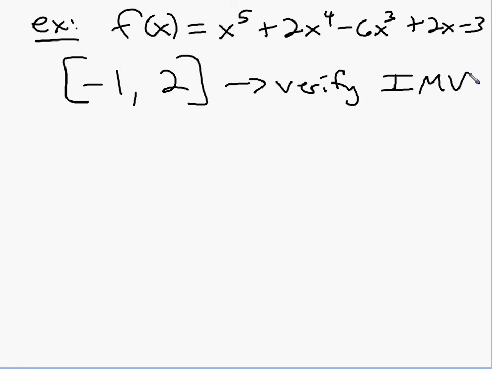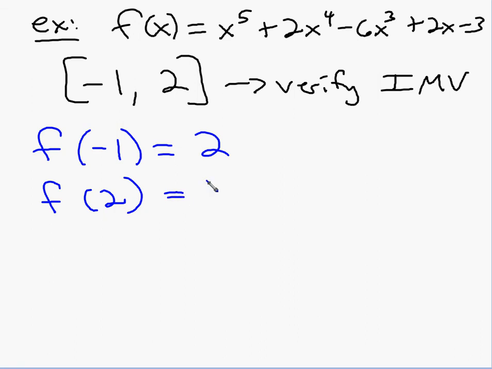Well, I would start with my endpoints and see what the function values are. I'm going to save you some time because we're running out of time. I'm just going to tell you that f of negative 1 is 2, and that f of 2 is 17.